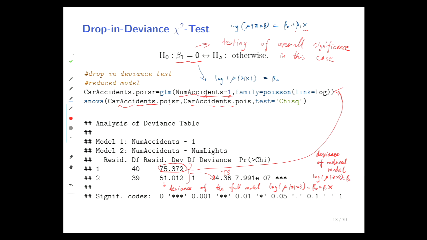Also, because we only test one coefficient, we have one degree of freedom. So this is how to perform this drop-in deviance chi-square test, and I think maybe it's the last time I repeat this test.